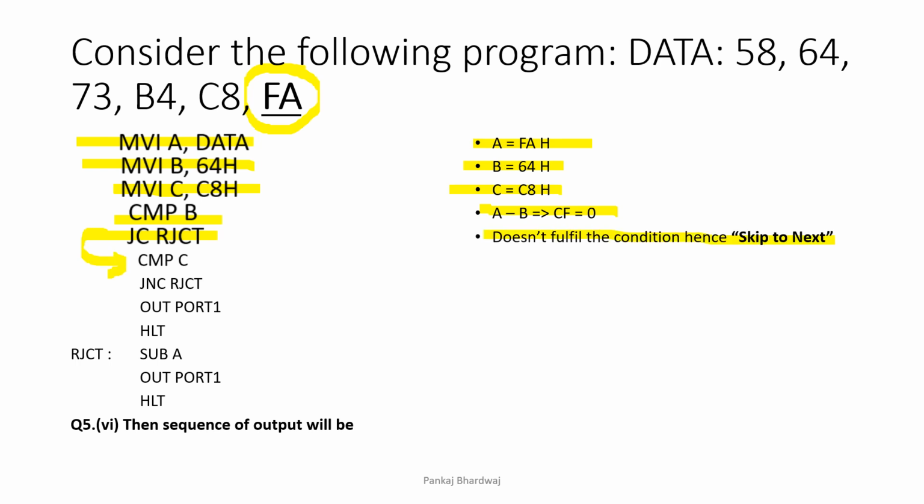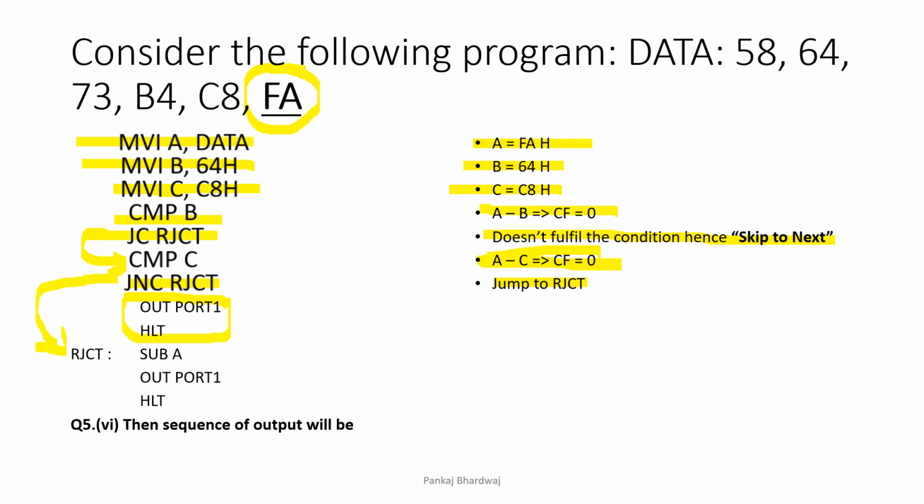Next instruction CMP C executes. CMP C, that means CF is 0. CF is 0, that means jump to reject. Yes, it will jump to reject. That means these two instructions before the reject, out port 1 and HLT, are not executed, they are skipped.